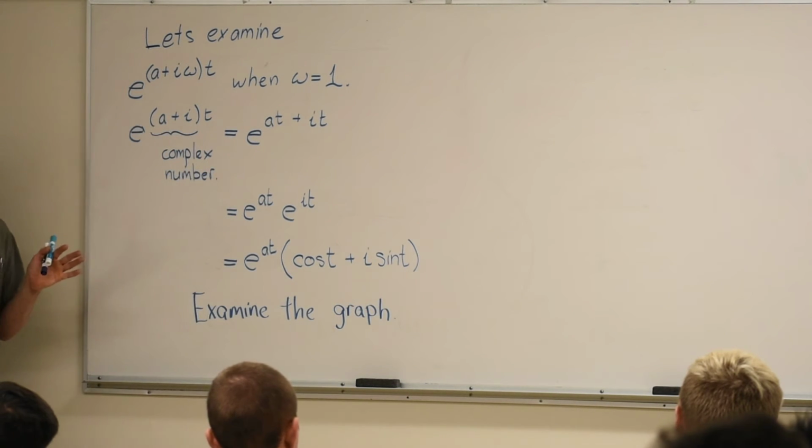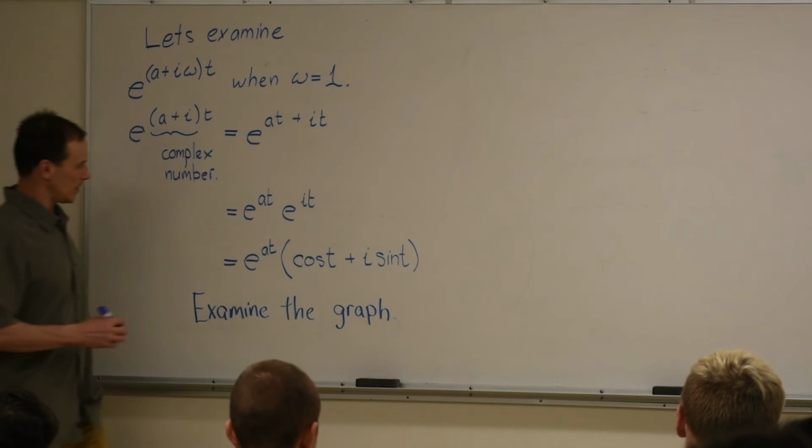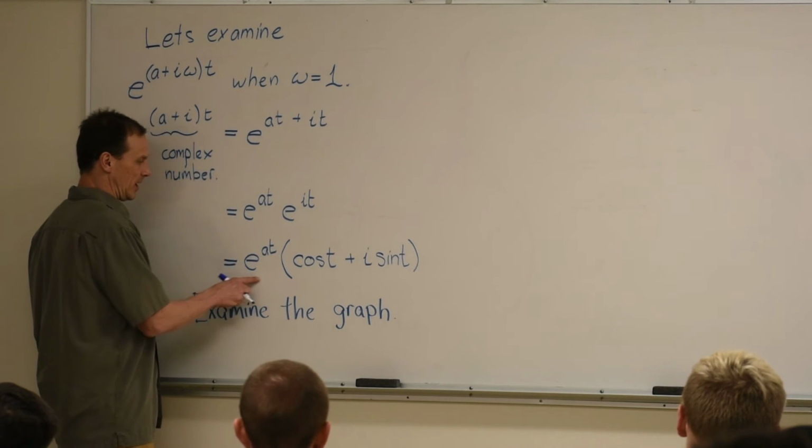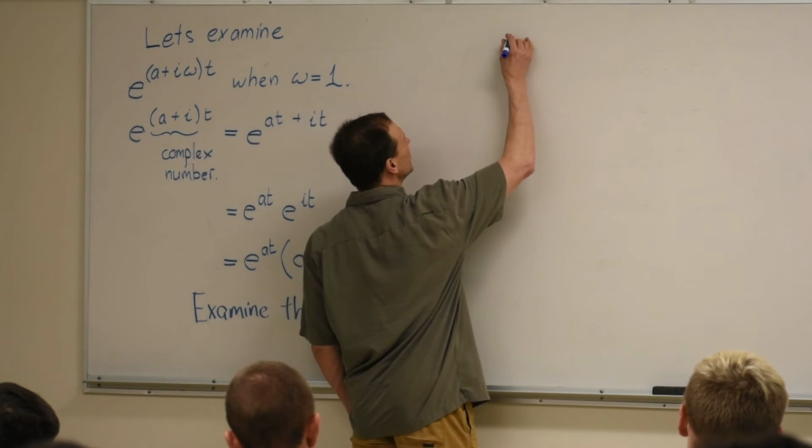I'm going to do this in pieces. I think you'll understand why as we go. I'm going to call this first part capital A of t, and the second part B of t. It's just for simplicity.